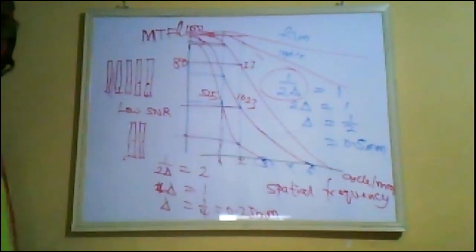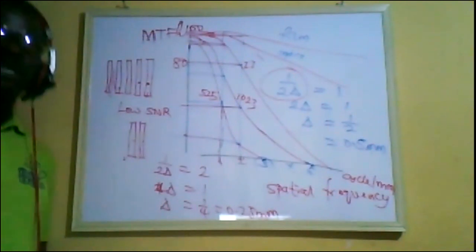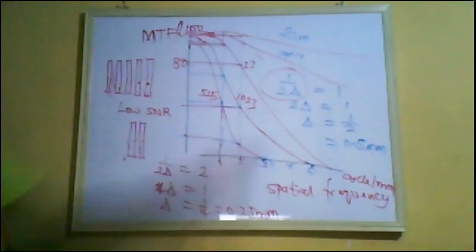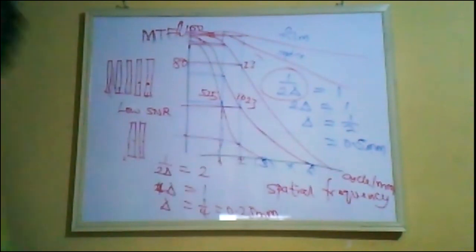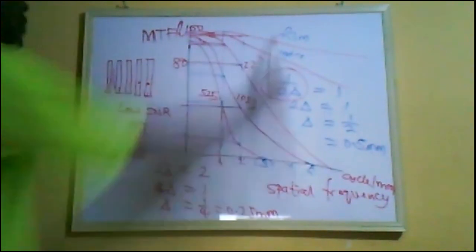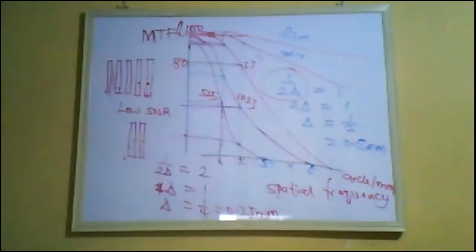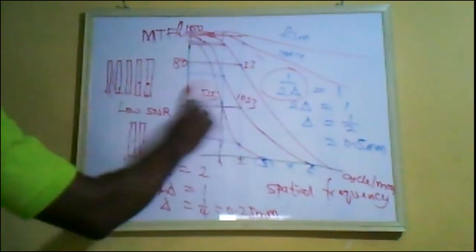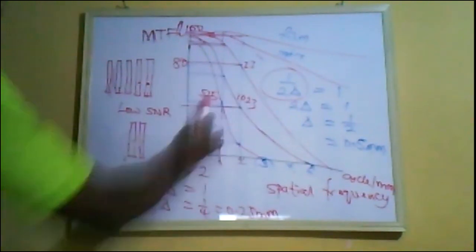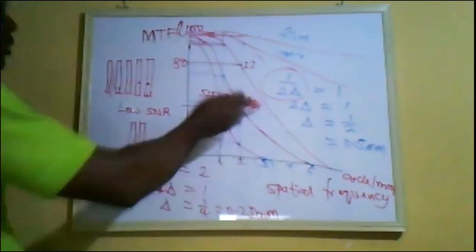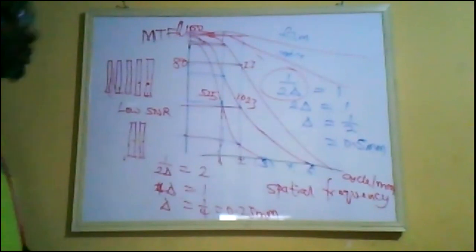Spatial frequency is just the number of line pairs per millimeter for any imaging modality. For this, we are looking at fluoroscopy. We have compared the II with film, with other optics, and also with a TV system that uses 525 line pairs, and one that uses 1023 line pairs.